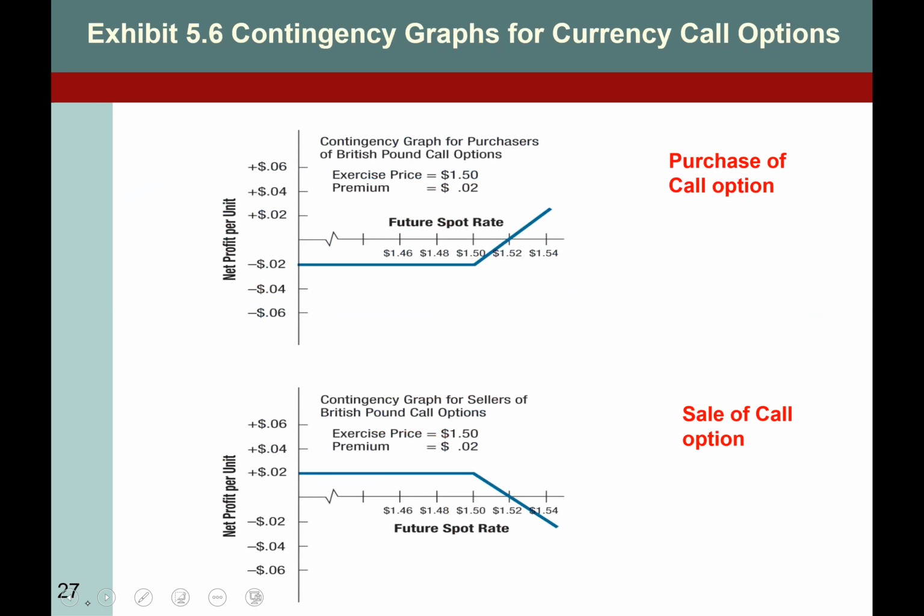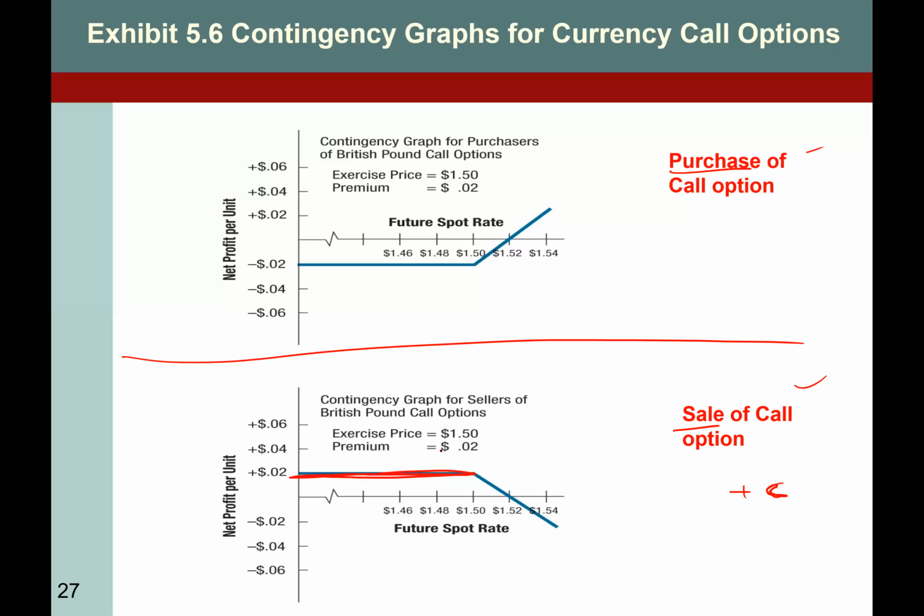Here we go. I hope I don't have to spend a lot of time making you understand this one, because I already told you what the purchaser of a call option is and what the sale of a call option is. So this is the profit graph of a call option. One is the purchaser of the call option, the other is the seller. The seller of the call option will only receive the call premium. So its profit is until the option is out of the money.